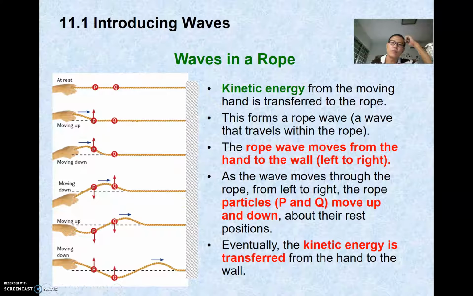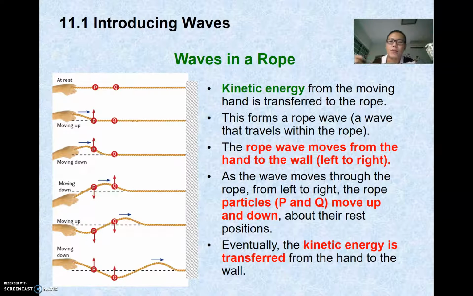Now, waves in ropes: there are different designs. They can represent waves in various formats. One of the common ones is waves in ropes, or we can represent waves in water. Regardless of the representation, the concept is the same.